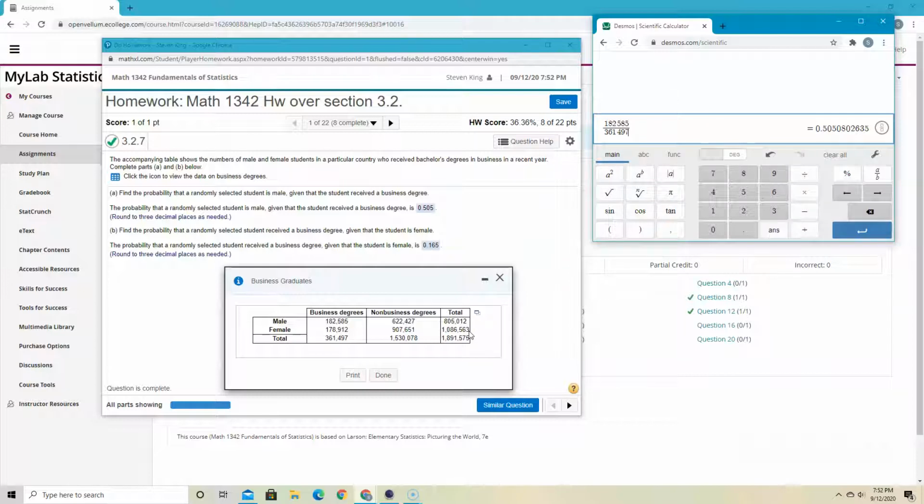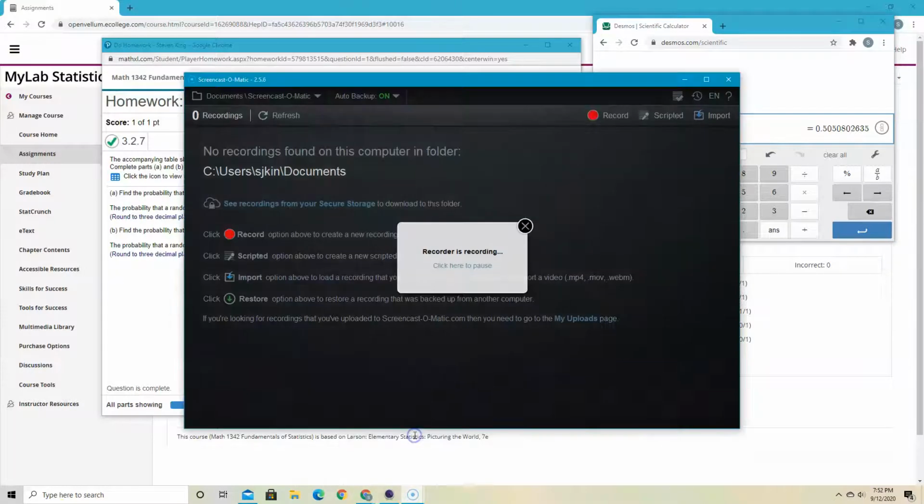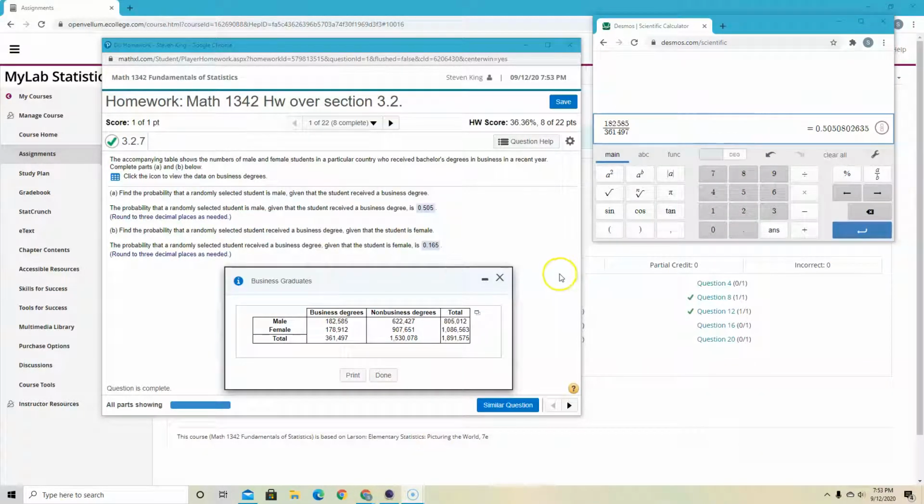So, and now, given that the student is a female, this is our subset, this is our group we're looking at, which really are from this little box here, or this little cell, and this little cell.